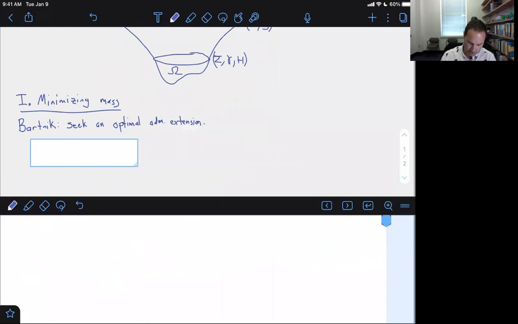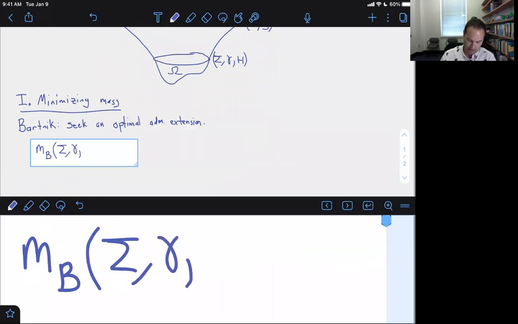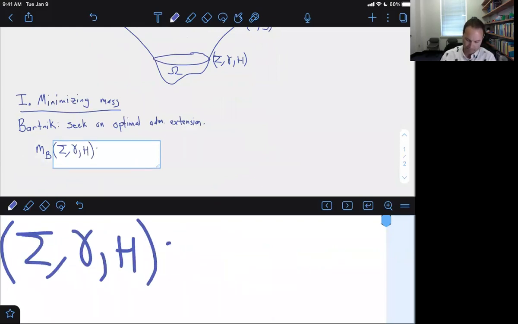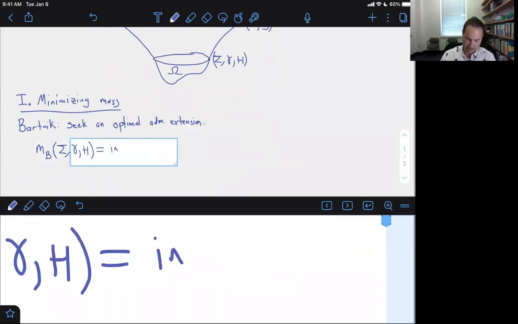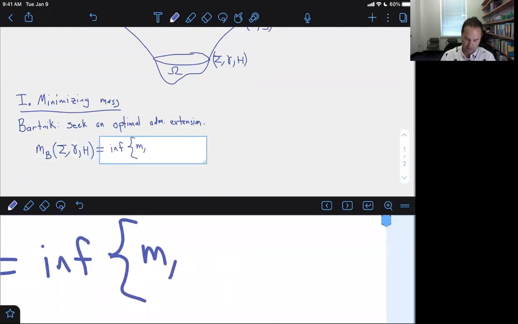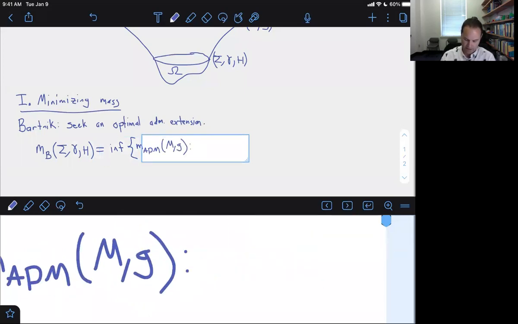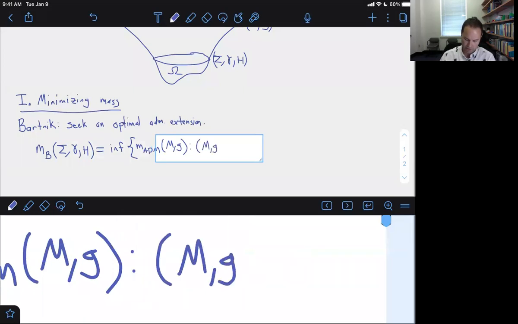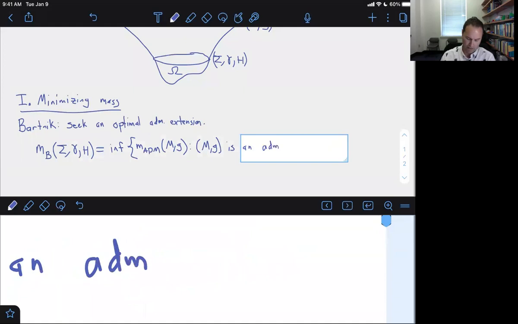So the definition that this leads to, the Bartnik mass of Bartnik data, M sub B, you're just trying to minimize the mass. It's the infimum of the ADM mass of Mg such that Mg is an admissible extension.